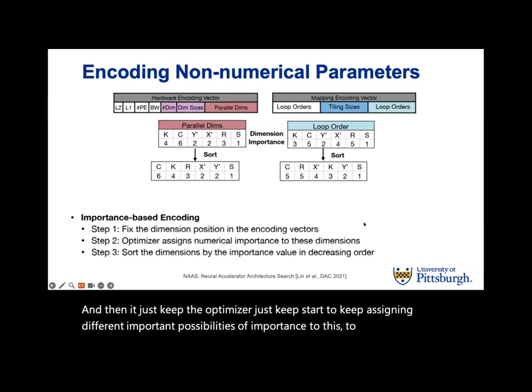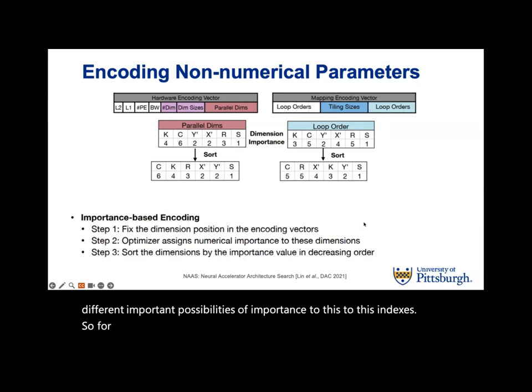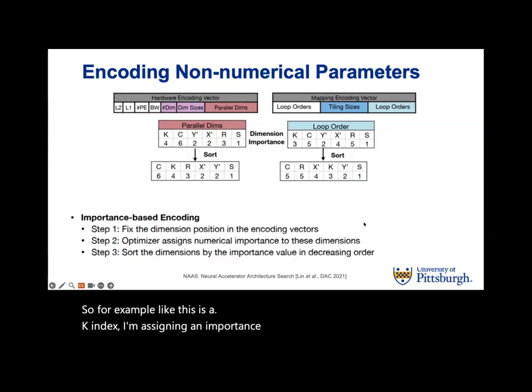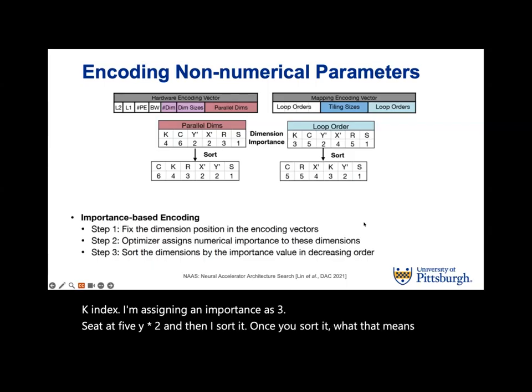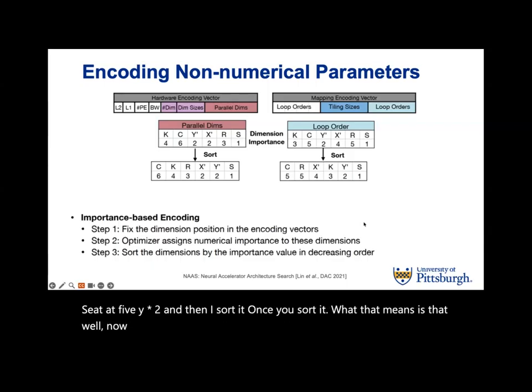So for example, for the K index, I'm assigning an importance of 3, C as 5, Y prime as 2, and then I sort it. Once you sort it, what that means is that now I think C should be on the outside, S should be inside.